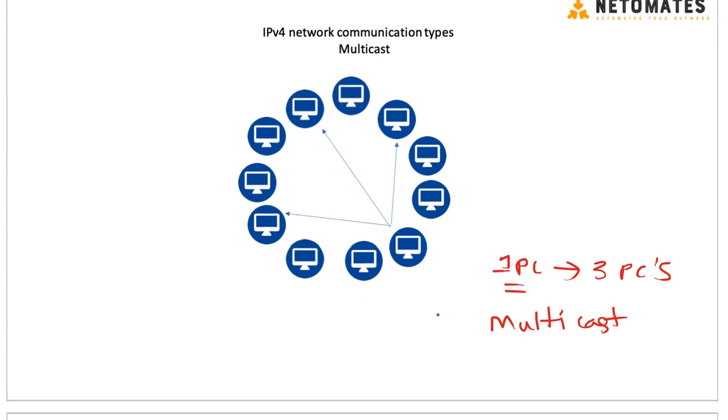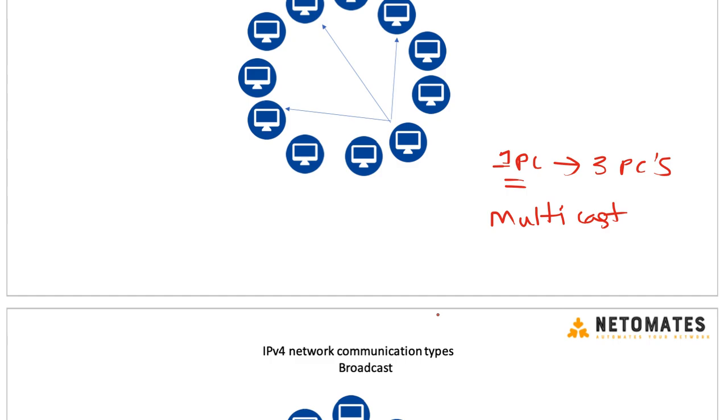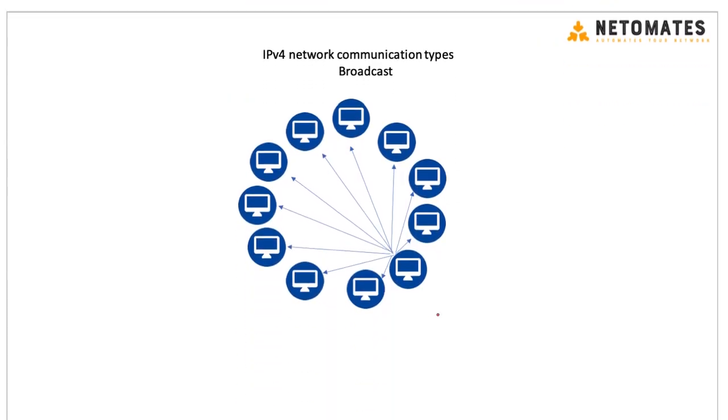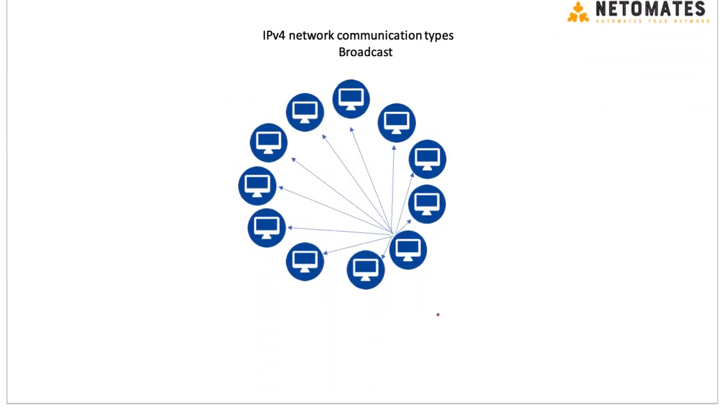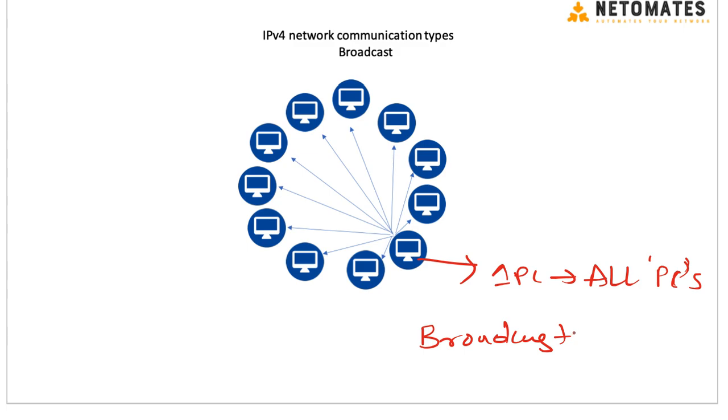This is one-to-many. And next we have broadcast. In this case, this PC is sending the same information to all the PCs. This type of communication we call broadcast, one-to-all.